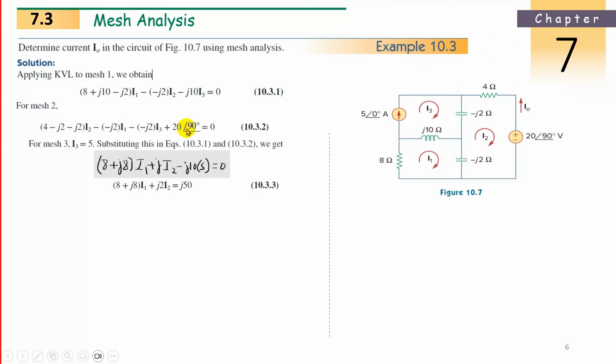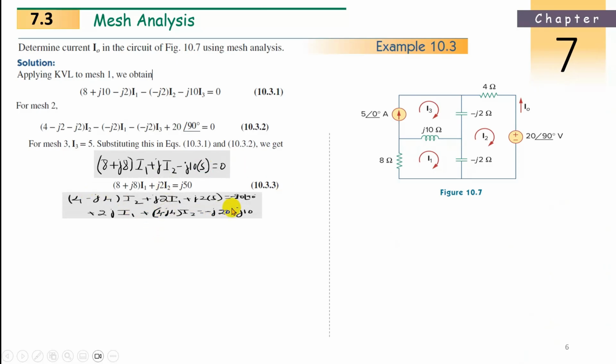If you want it in rectangular form, 90 degrees is nothing but j. So 20 cos 90, what is cos 90? 0, that is the real part. 20 sin 90, sin 90 is 1, so 20 will be there, j20. It is the imaginary part.